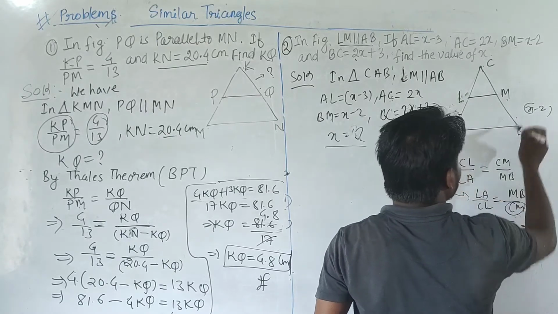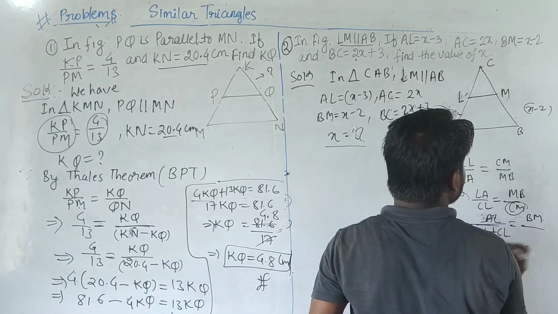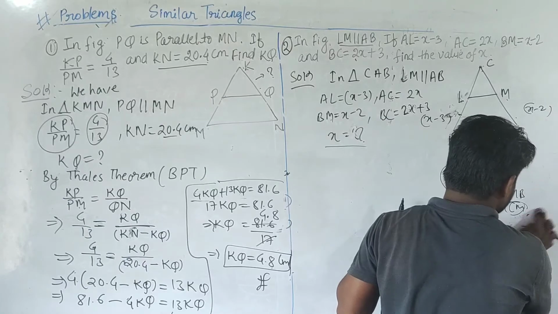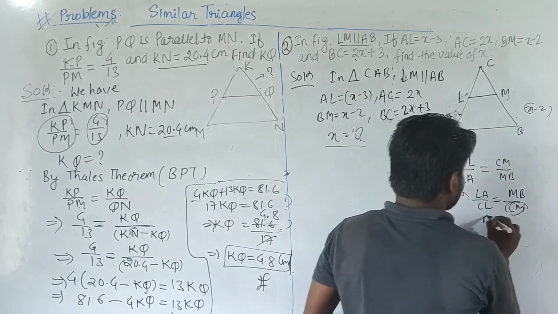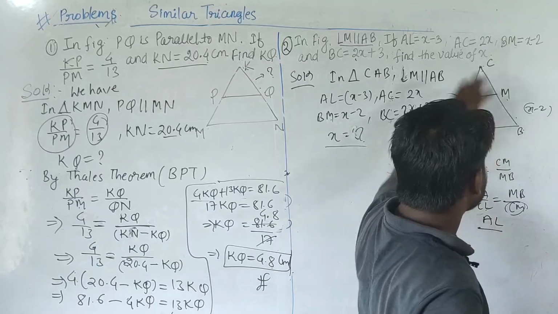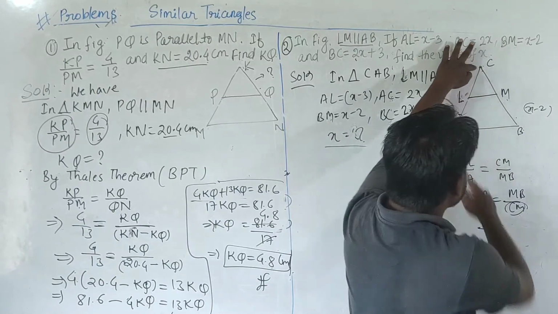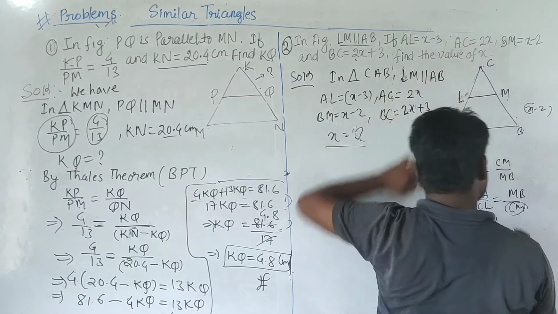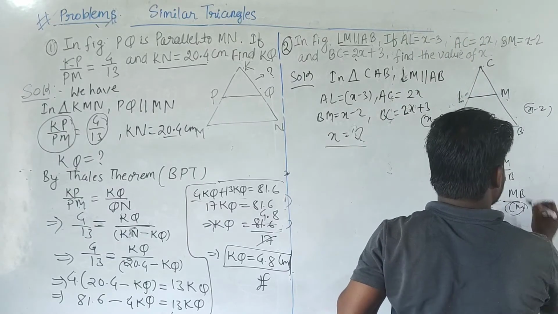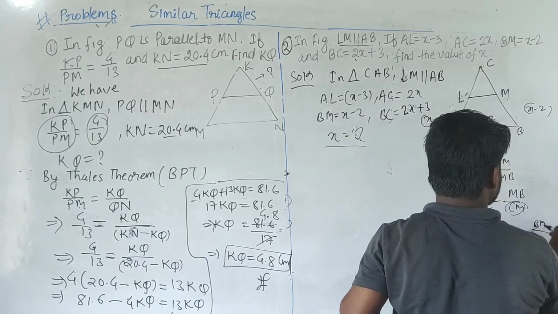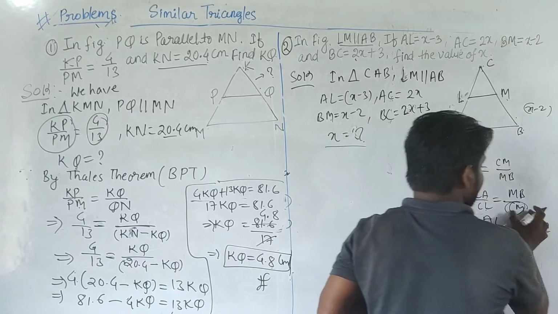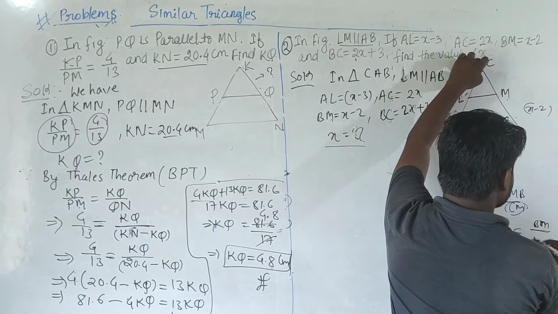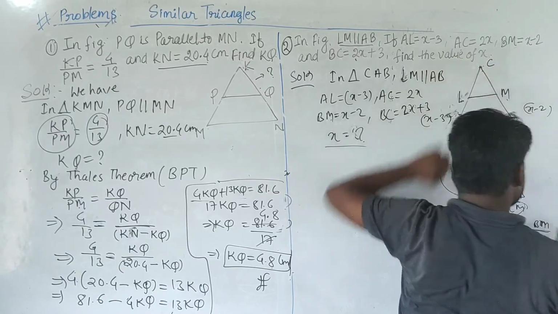In the denominator, this is AL and CL, and CL can be written as AC minus AL. This is BM or MB, you can write anything, and CM, and CM can be written as BC minus BM.